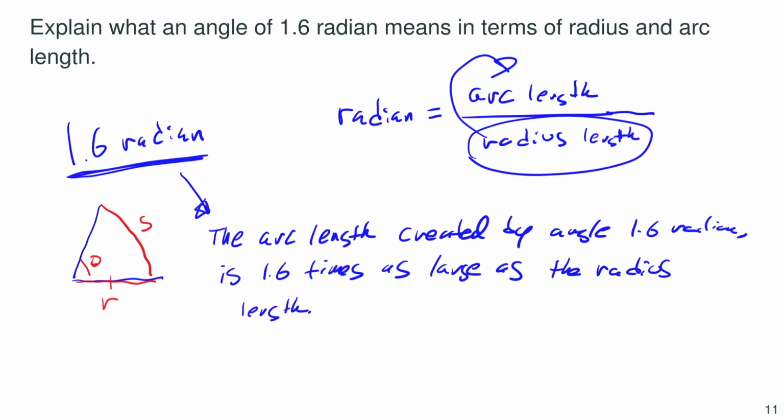That's what it means. So for example, if radius is 10 centimeter, arc length will be 16 centimeters. If radius is 5, then 1.6 times 5 will give us the arc length. That's what it means.